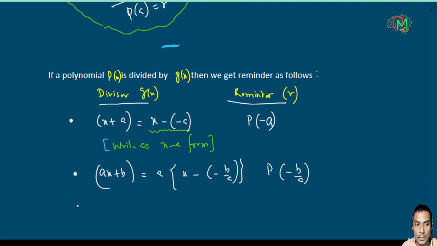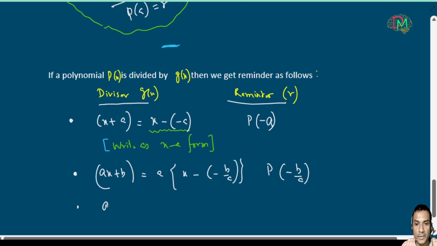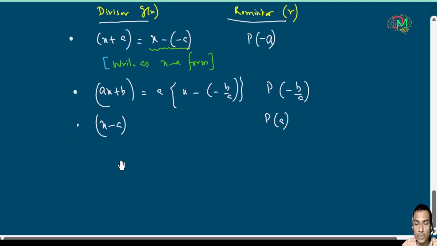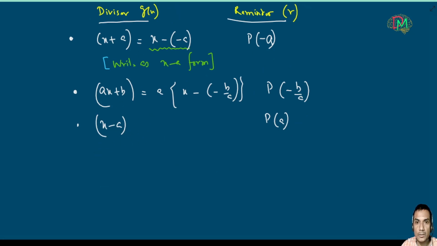Next, if it is simply x minus a, then you simply write p of a. That is very simple. This is the general formula, the general expression.